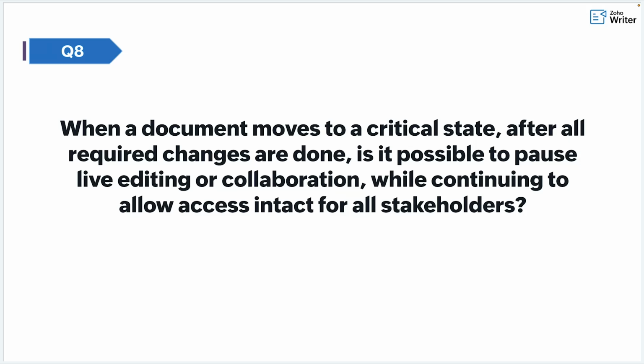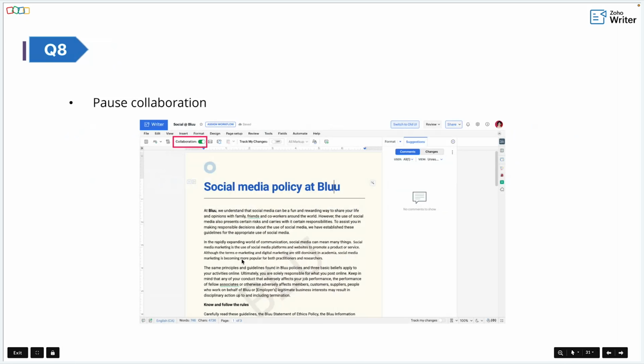With Writer, you can pause collaboration so that other users can still access and view the document, but they cannot make any edits. This allows the person responsible to work on the document independently without interruptions while still keeping everyone informed and aligned.